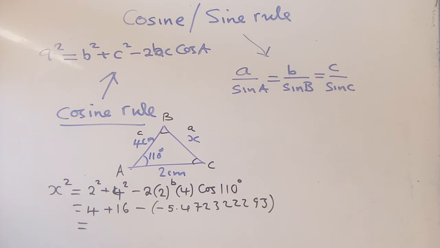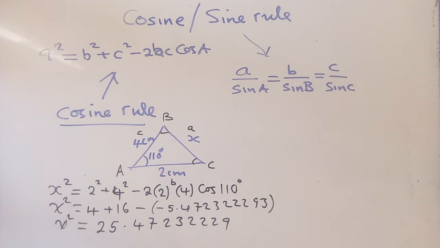Now we work these out. Minus a negative becomes positive, so we have 4 plus 16 plus 5.4722, which gives 25.4723.